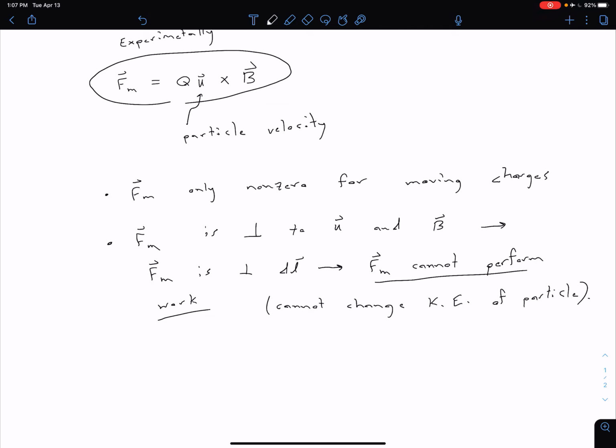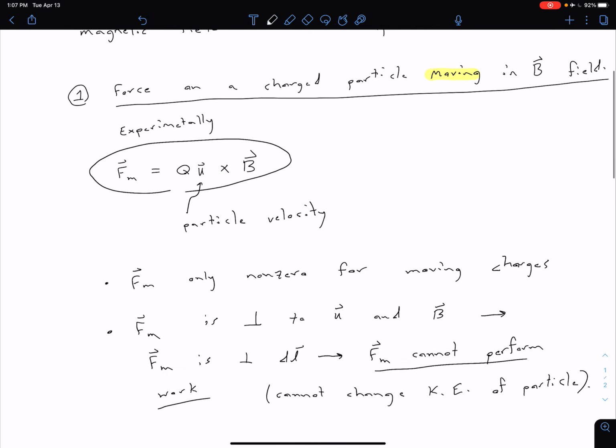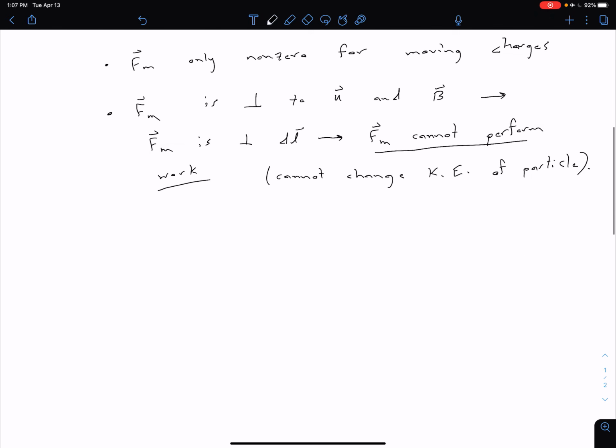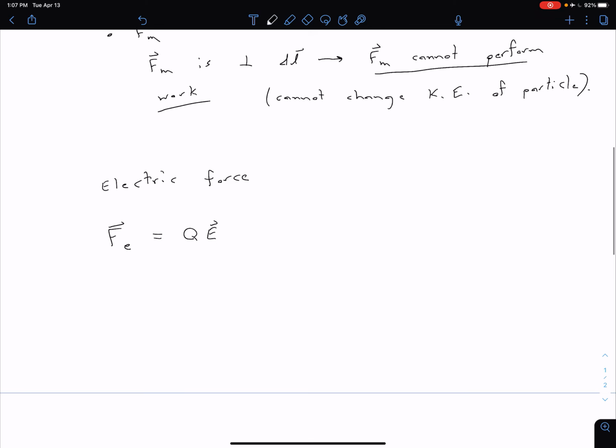We can contrast this magnetic force on a moving charged particle to our electric force that we talked about previously. Let's go back and review for a second our electric force. Previously we had just called this F, but now let's put a subscript E to indicate that we're talking about electric force. That was simply equal to Q times our electric field intensity E. In this case we don't have any stipulation that our charge has to be moving.